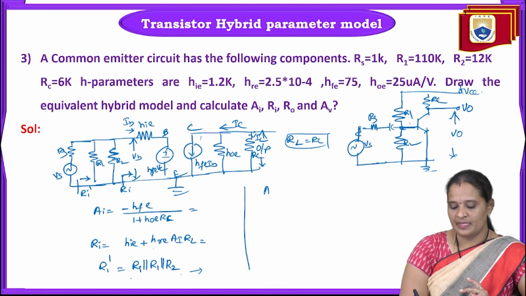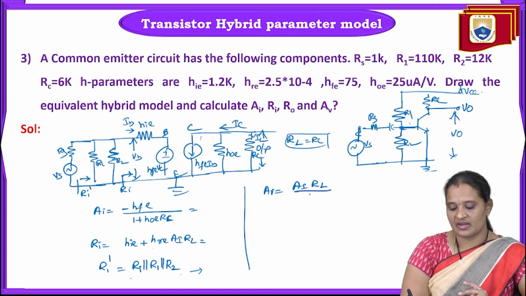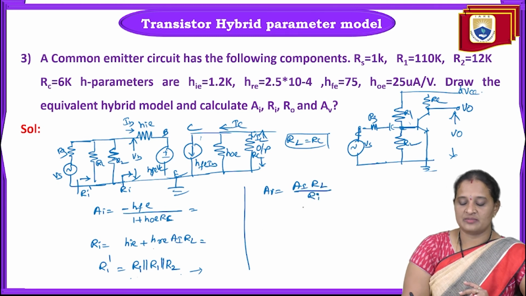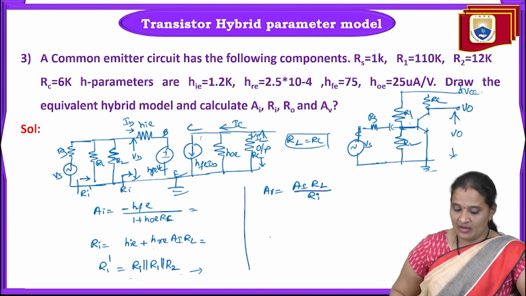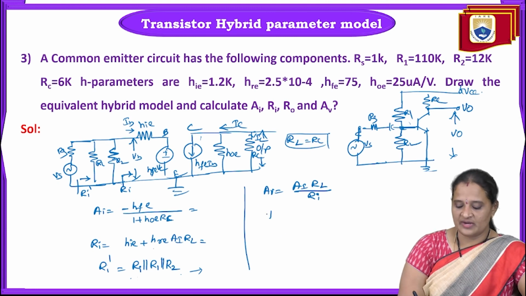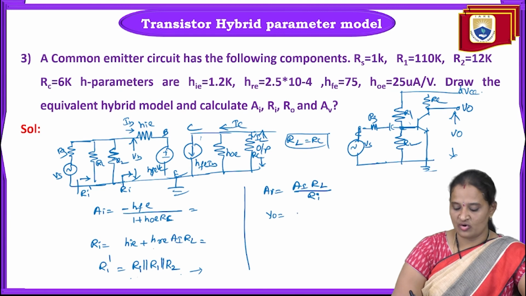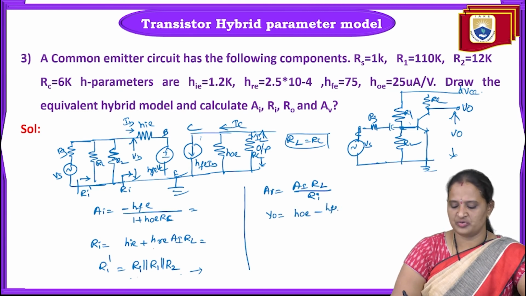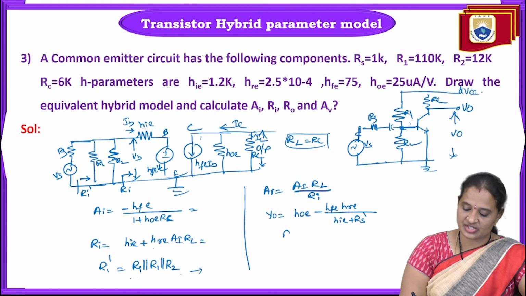Now similarly AV. What is AV? That is AI into RL divided by RI. Just substitute all these values so that we can calculate AV. And now R0. So for that, first we need to calculate Y0. So Y0 is HOE minus HFE into HRE divided by HIE plus RS dash. What is RS dash here?